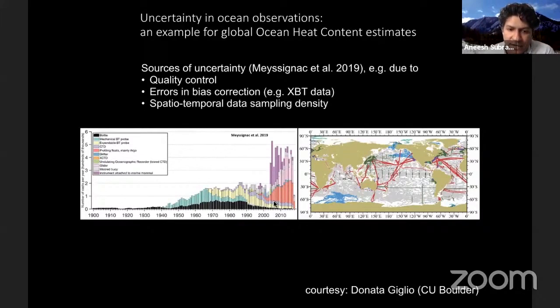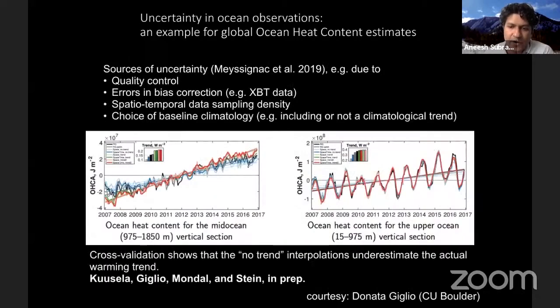Starting in 2000 to 2004 is when the Argo program started, and that's when we have a huge jump in the number of observing systems, both spatially and temporally. But given this wide range of spatiotemporal distribution of data, that adds another uncertainty in these derived products over the last century. The fourth reason for uncertainty is the choice of a baseline climatology.